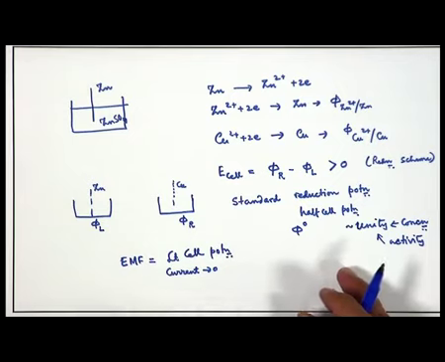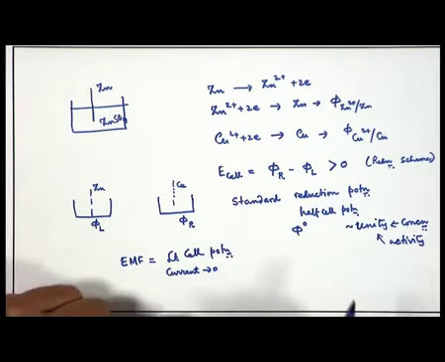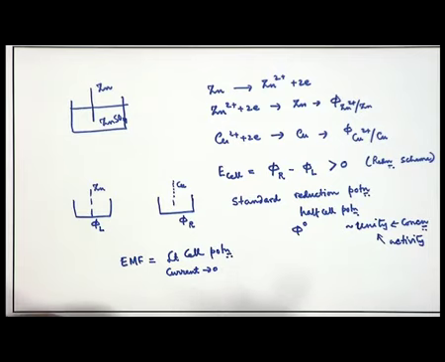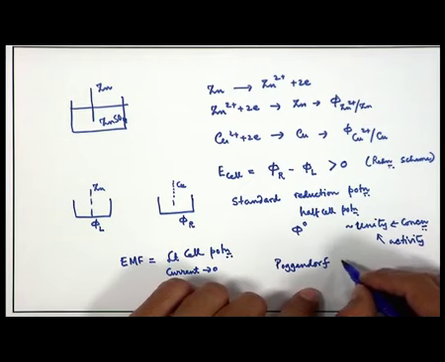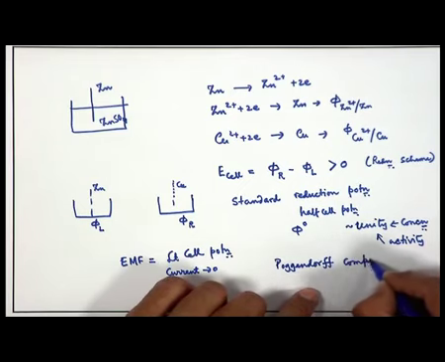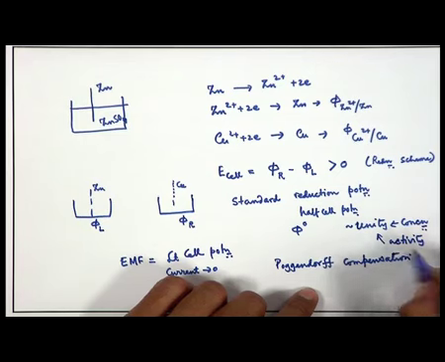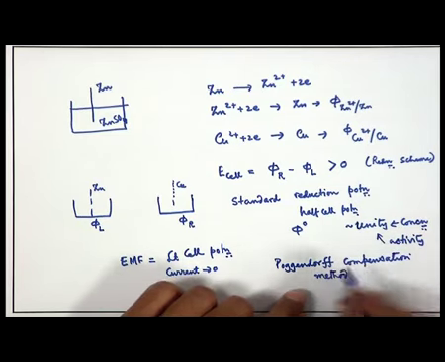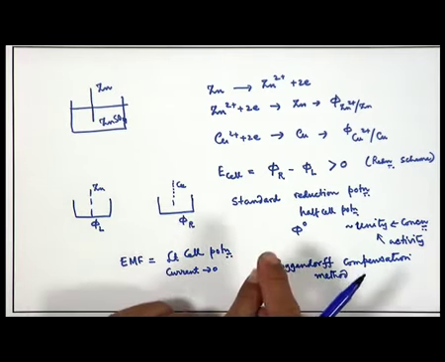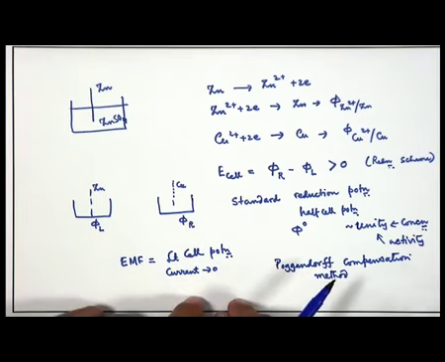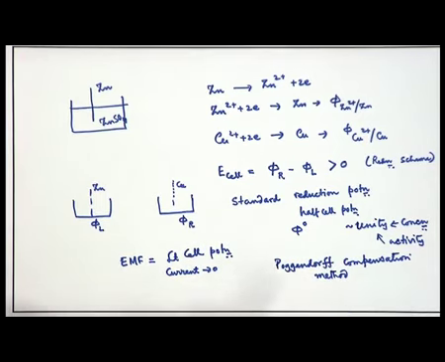Next comes how to find out this E cell. You can use a voltmeter, but a voltmeter is not a good choice. So, you use a galvanometer, with the help of a specific method called Poggendorff's compensation method. With this method, you compare the no deflection point for your unknown cell and for a standard cell, and then you take the ratio.